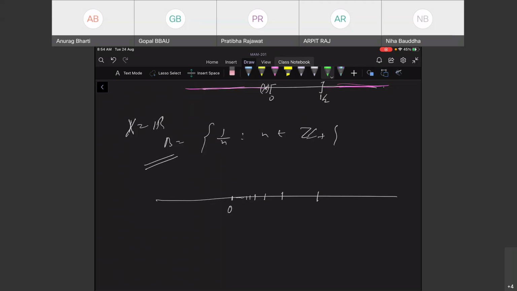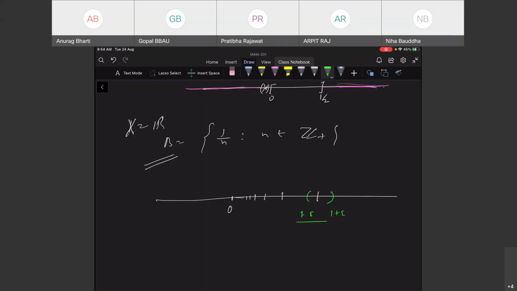Let us see whether 1 or 0 is a limit point or not. Let us see first whether 1 is a limit point. Take a neighborhood containing 1, say (1 minus epsilon, 1 plus epsilon). You may always take such a neighborhood, since we are not saying every neighborhood, we are saying there exists at least one neighborhood.